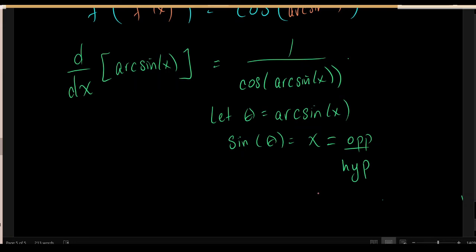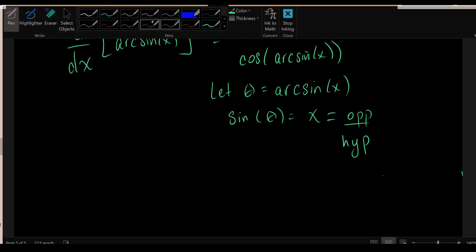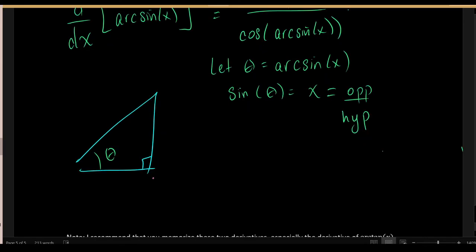So let's try and draw a right triangle which has theta in the bottom left. Now in the tangent case, when I was dealing with opposite over adjacent, I used an opposite of x and an adjacent of 1.